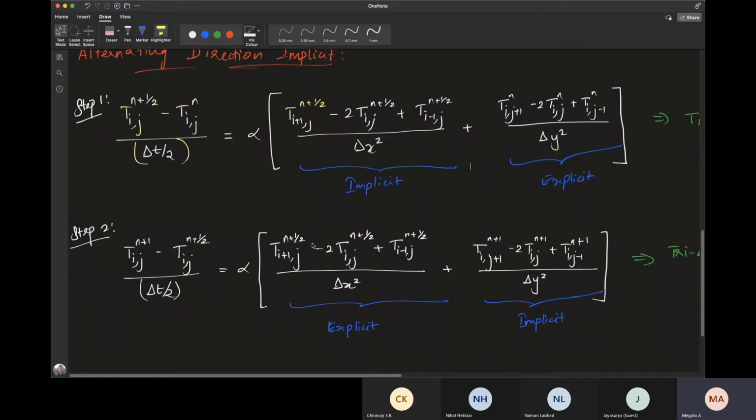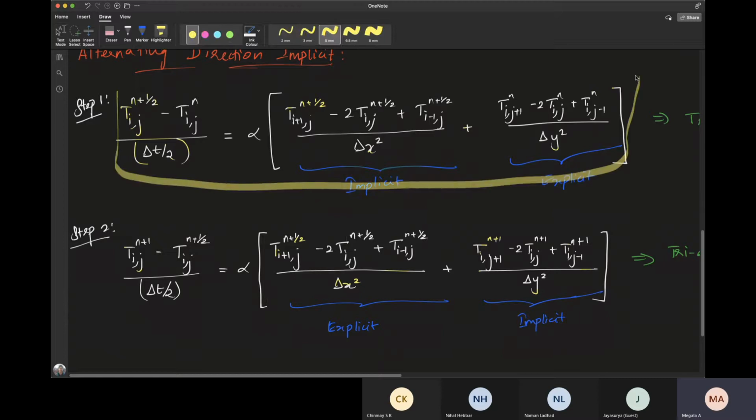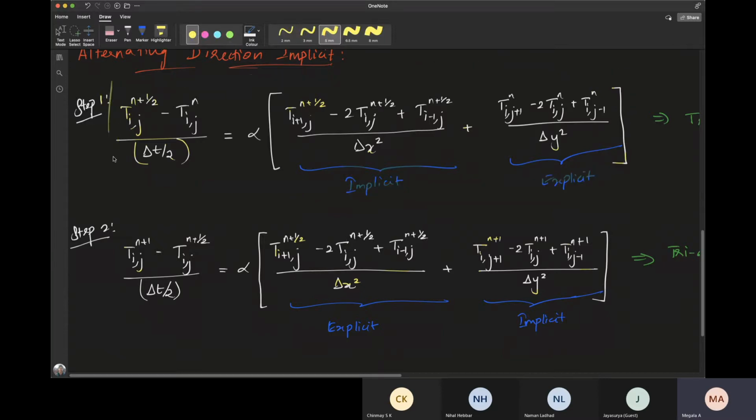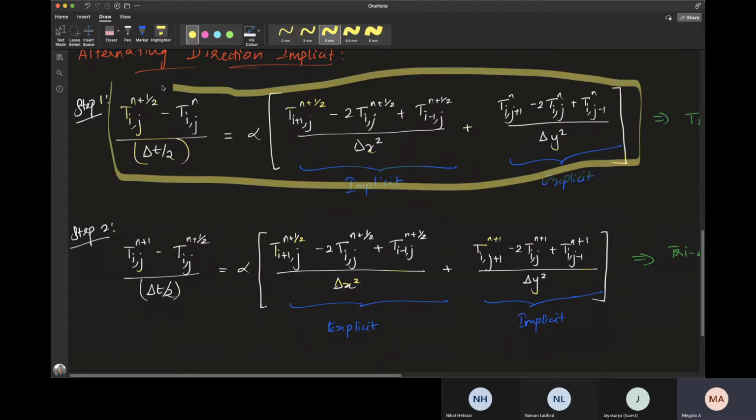In the second half time step, your y directional part is implicit, whereas the x directional part is explicit. So you just change the directions and then go about solving the system. Now each of these steps will have a tridiagonal system. So the first step will make you solve a tridiagonal system, and then you'll find Tij at n plus half.